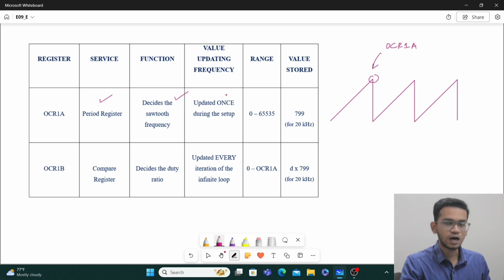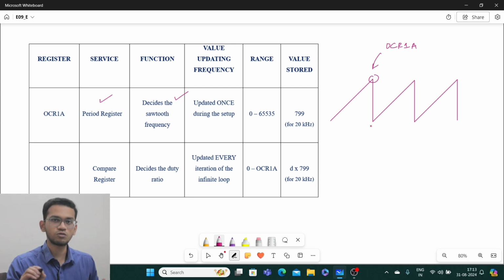And how do we update it? Do you operate your converter at a fixed frequency or at a variable frequency? We are assuming a fixed frequency DC-DC converter. So if I'm instructing it to produce a sawtooth with a frequency of 20 kilohertz, it should forever produce a sawtooth with 20 kilohertz.